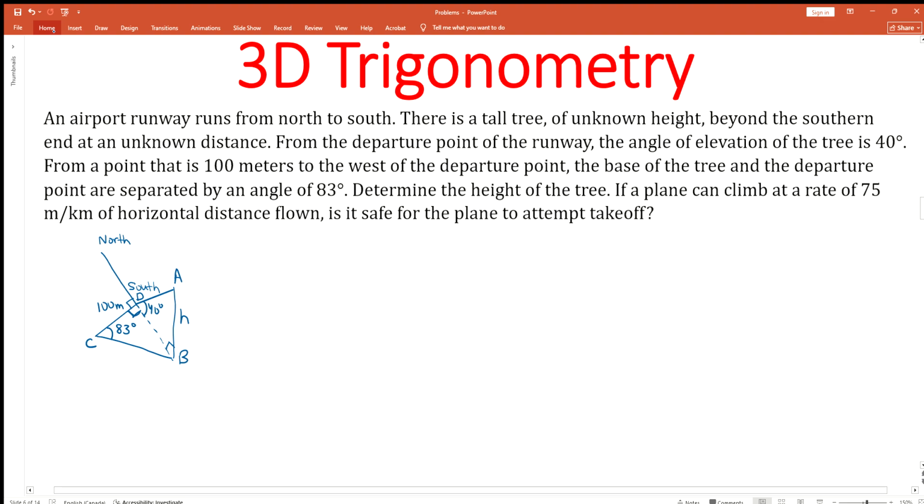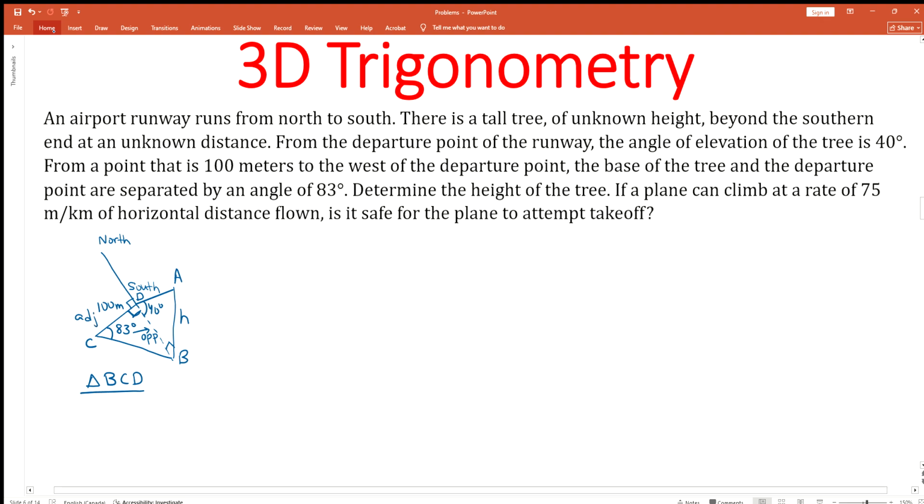So the first step is to analyze triangle BCD to find the length of side BD, because in triangle BCD we are given the measure of angle C, we are given the length of side CD. It is a right angle triangle, so we can use SOHCAHTOA to find the length of side BD. For the 83-degree angle, side BD represents the opposite side and side CD represents the adjacent side.